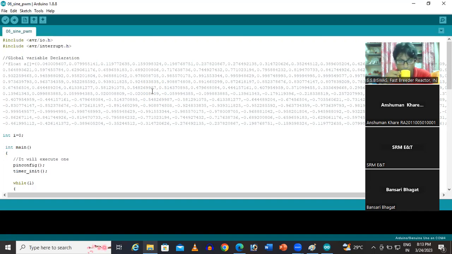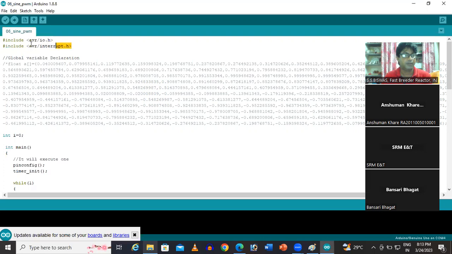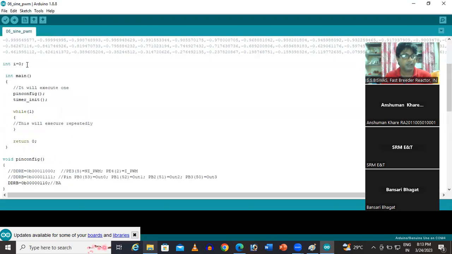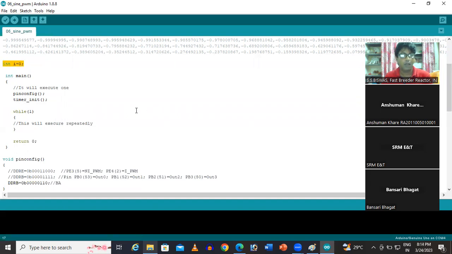As I told, this is the header file inclusion. These two header files will be needed here for the program. And here is the place for global variable declaration. One function I have defined here, pin configuration.